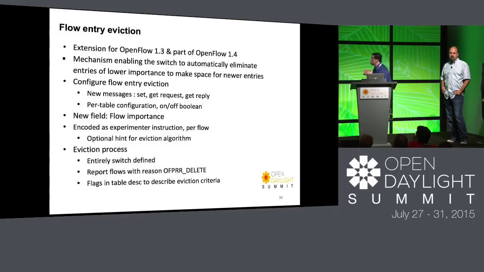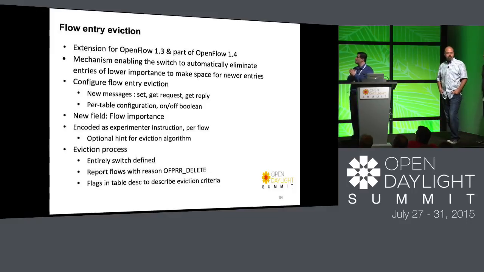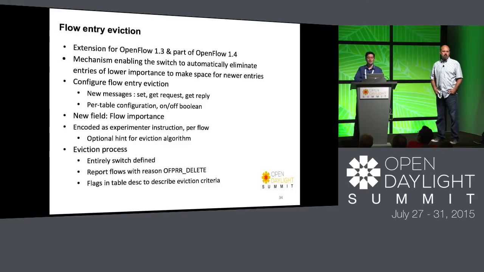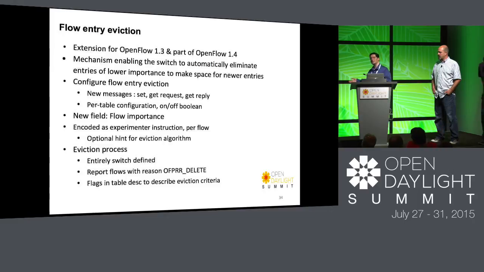This is a mechanism to enable the switch to automatically eliminate entries of lower importance to make space for newer entries. Since I'm a little out of time, I will not go into details. But this is a prioritization mechanism where a switch can remove entries which are of lower importance, and this is achieved by a new field called flow importance in the flow.